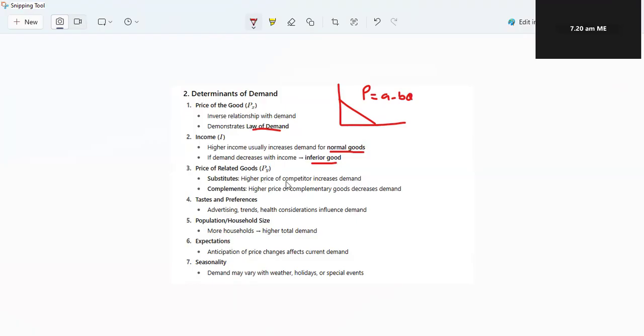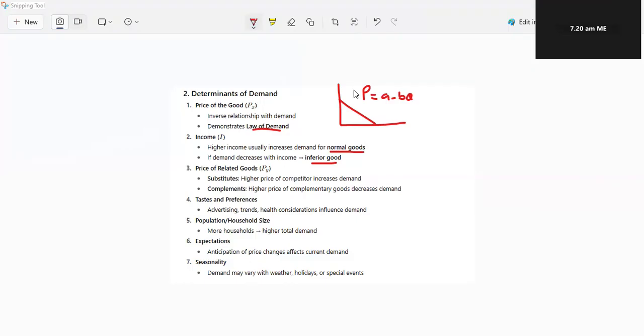So we must understand that the higher the price of the competitor, the better for us. So if we're competing with Coca-Cola and our price as Pepsi is 8 kwacha, if Coca-Cola increases their price, holding all things constant, demand will shift towards us. So we expect quantity demanded to go up on our side.